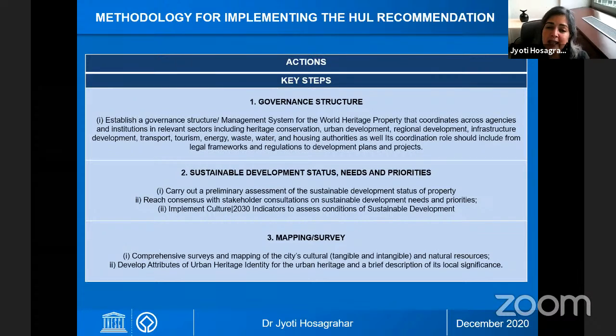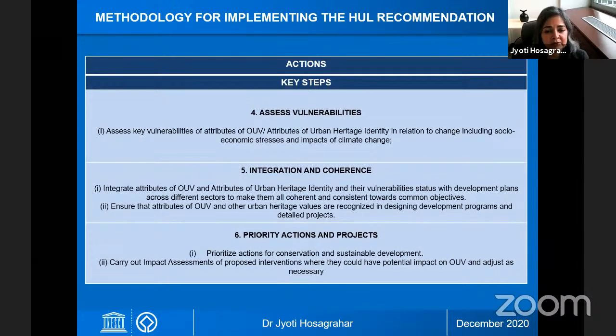which is along 8 axes, 8 steps, which include the governance structure, which is looking at an intersectoral government structure that goes across different areas, a sustainable development status, identifying the sustainable development status, its needs and priorities, doing mapping and survey inventories that have to be very carefully made of both tangible, intangible resources, as well as the natural resources, assessing vulnerabilities, being able to see what threatens the OUV, integration and coherence, where the attributes of urban heritage identity that I mentioned and the OUV, or the outstanding universal value, and their vulnerabilities are mapped and identified, and there is a coherence across policies so that the protection can be ensured.